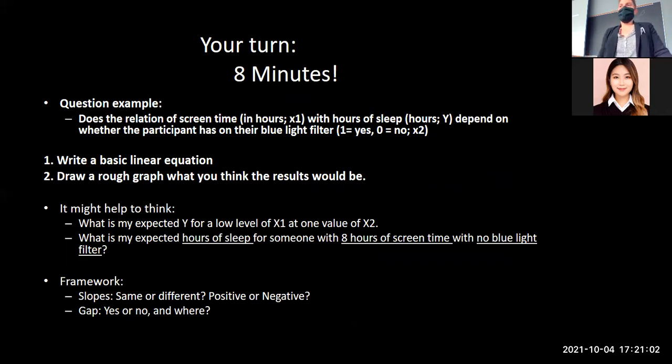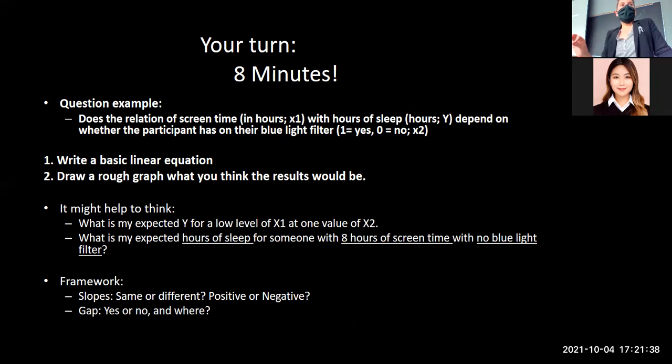So here is the question. I have a sibling who is very into their blue light blocking glasses. They 100% believe that these blue light blocking glasses are the best thing ever. And so we want to know, do they work? Or do they not work? Just wearing them all the time won't matter, but it may matter depending on how much screen time you are using, how much you're looking at a screen.